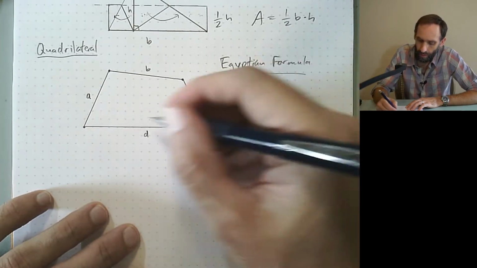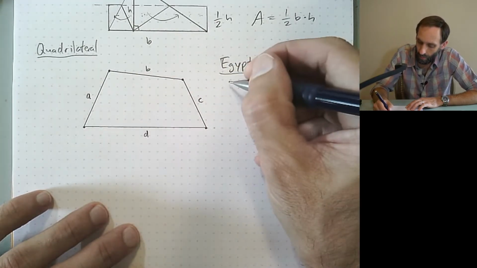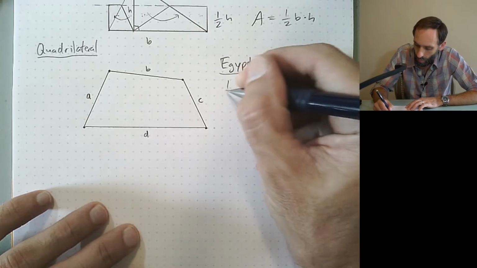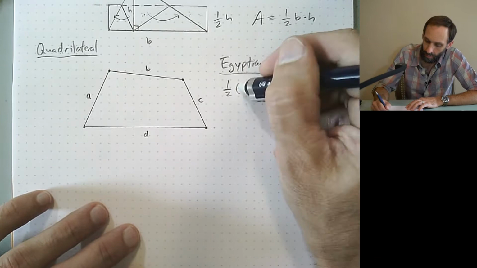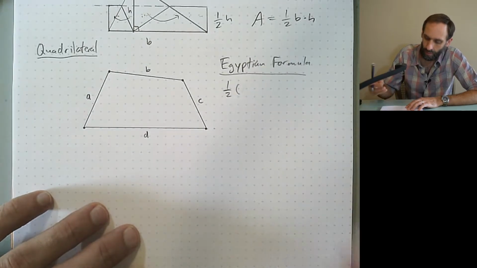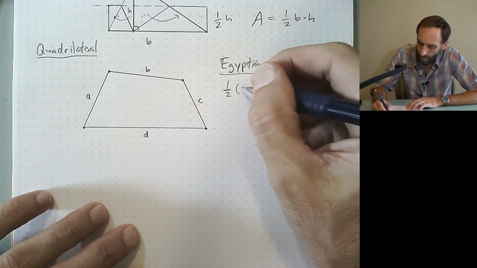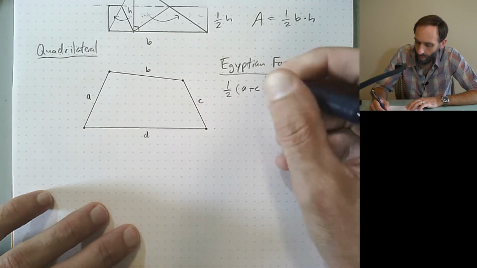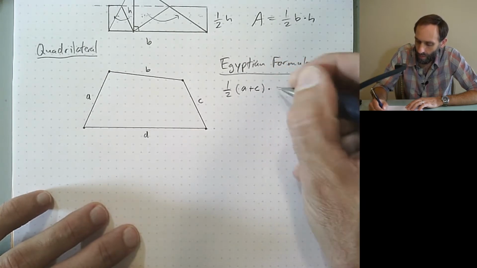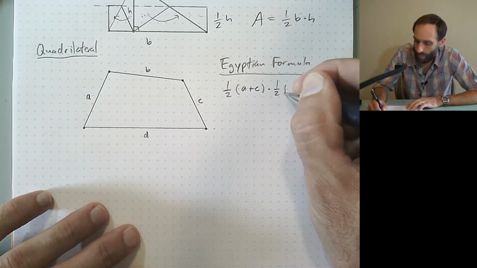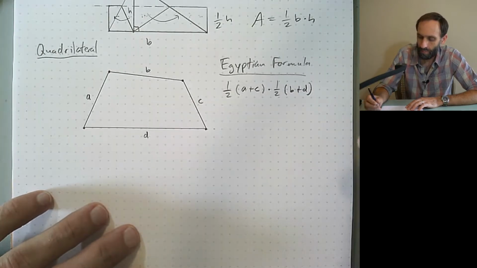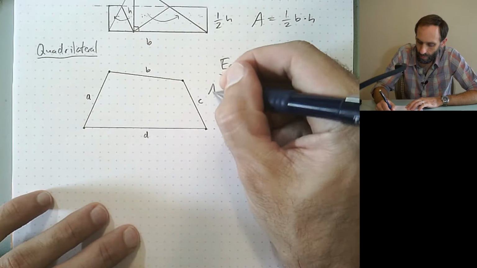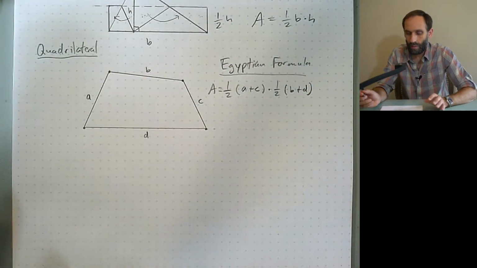They said that the area of this quadrilateral would be 1/2 times, oops, let me write that as lowercase a, 1/2 (a + c) times 1/2 (b + d). Okay, so that's what they said the area was.